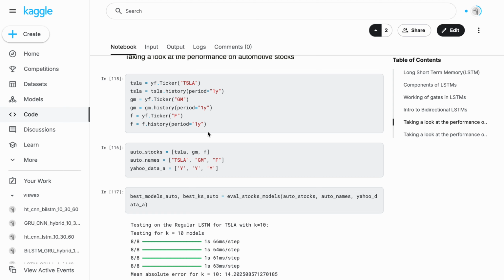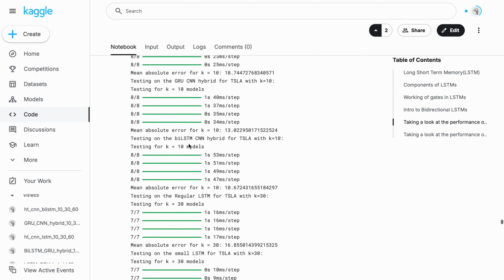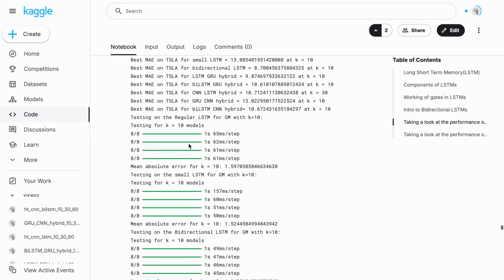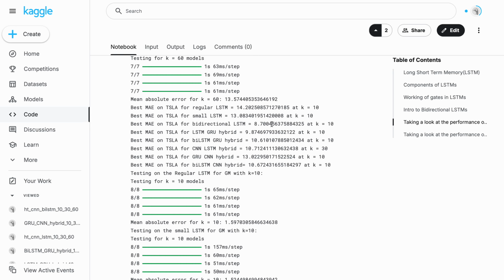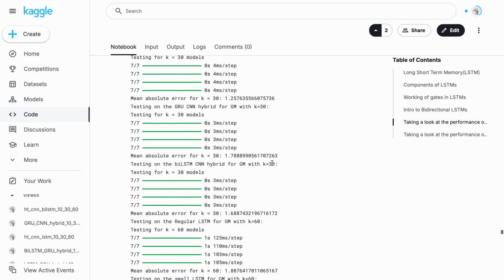And now for automotive stocks, I'll be using Tesla, General Motors, and Ford for this. Once again we find that bidirectional is the best model, which is closely followed by the LSTM GRU hybrid in this case, and even the CNN LSTM hybrid performs decently well.